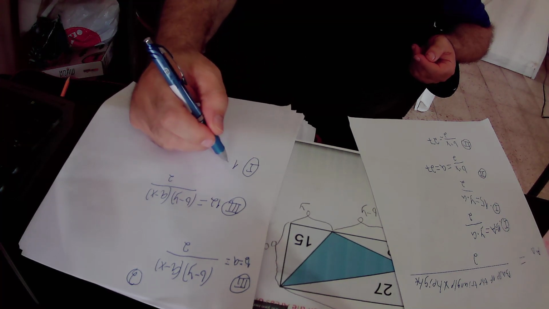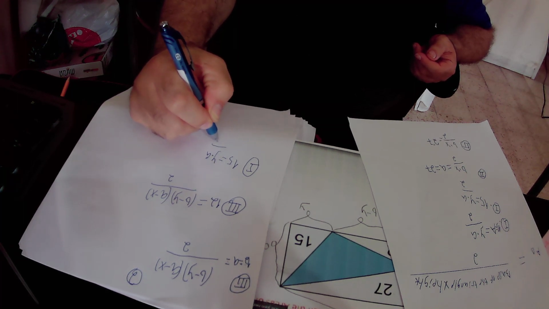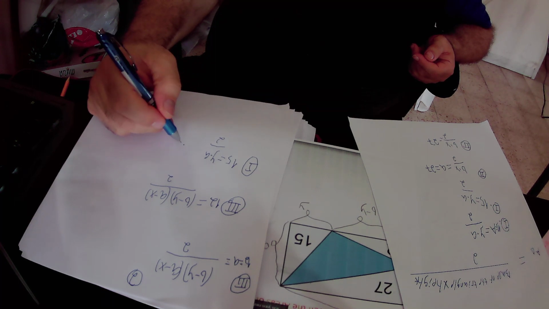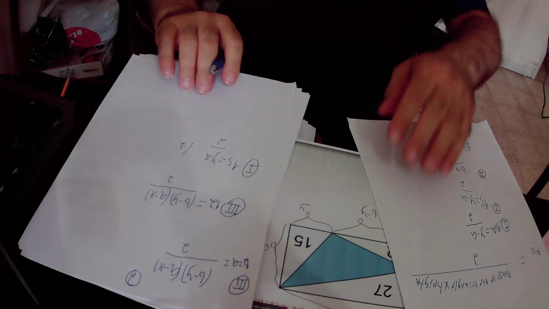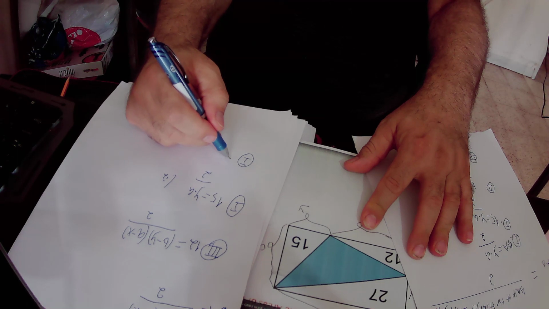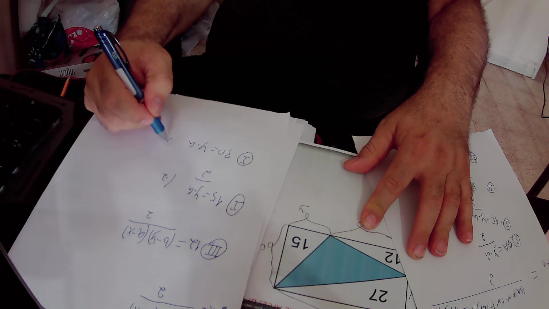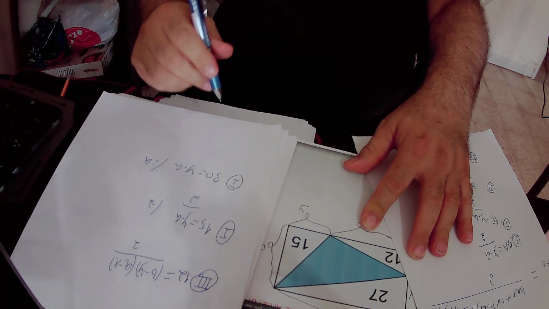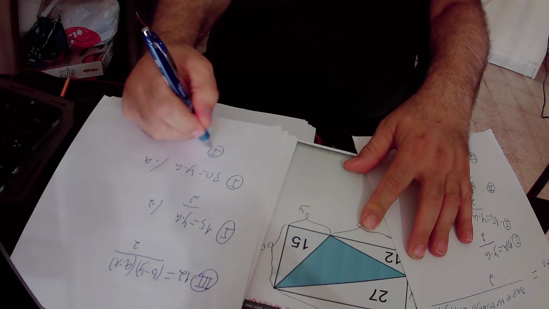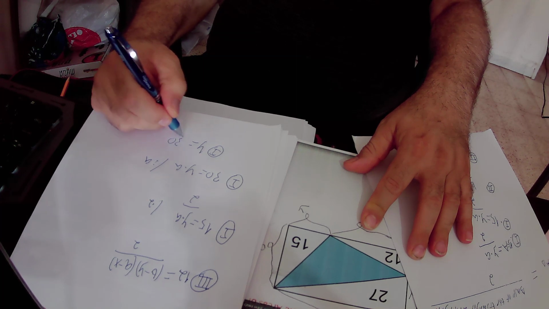In the first equation we have 15 equals y times a divided by 2, so we can multiply both sides of the equation by 2. We will get that 30 equals y times a. We will divide both sides of the equation by a. So we will get that y equals 30 over a.